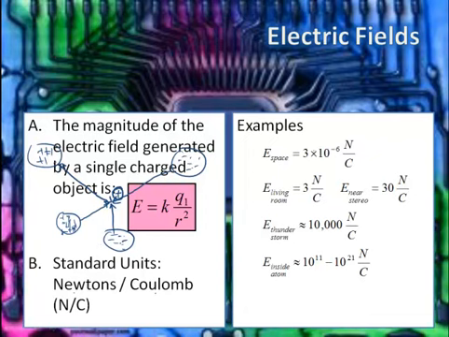So here's a couple of examples, and I hope you'll get a feel for these units a little bit more. Deep out in space, far away from stars or planets or moons or things like that, there still is the presence of an electric field.